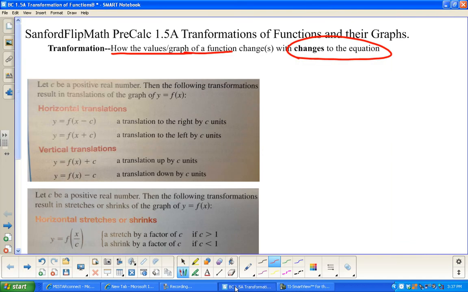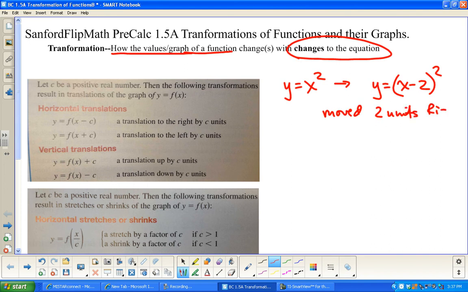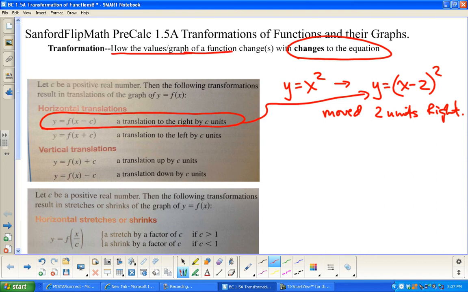I want to pop back to this. When the parent function was y equals x squared, and then we went to y equals x minus 2 squared, what happened was it moved 2 units to the right. What I need you to see is that this is the situation.